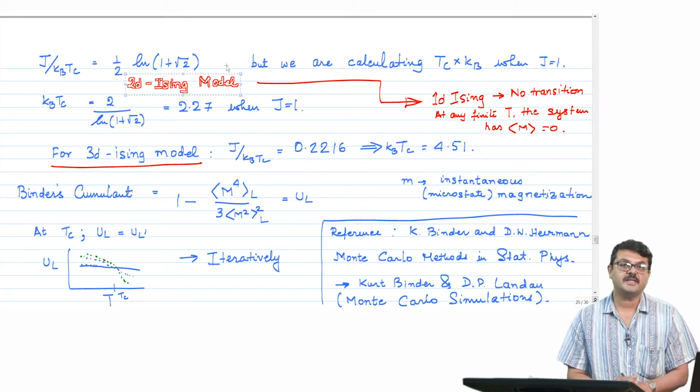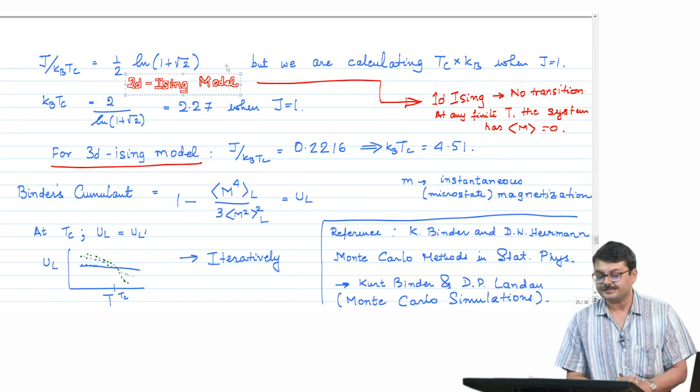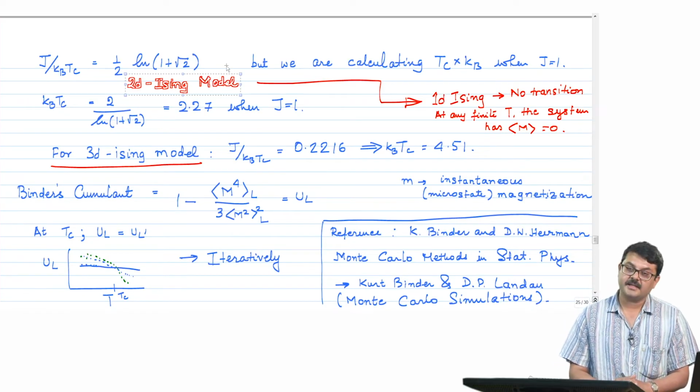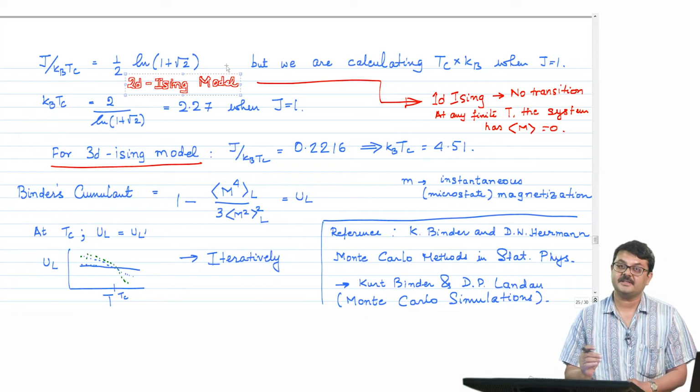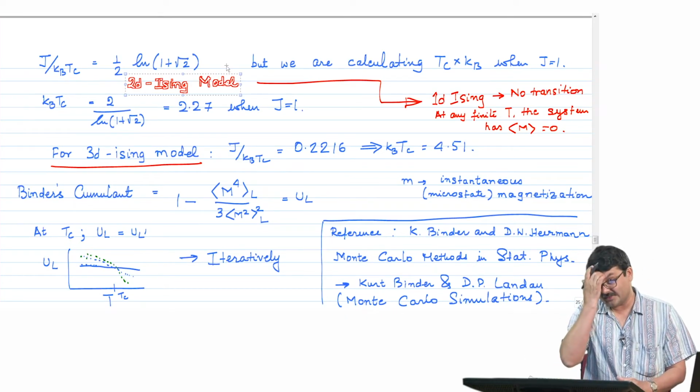And there he found that yes, at low finite temperature, there is an ordered state, there is a large number of spins pointing in the same direction, say the positive direction, and only when the temperature is raised above a certain critical temperature do you get disorder.